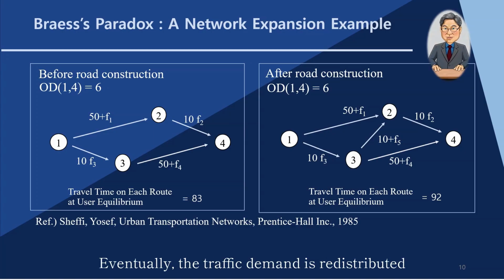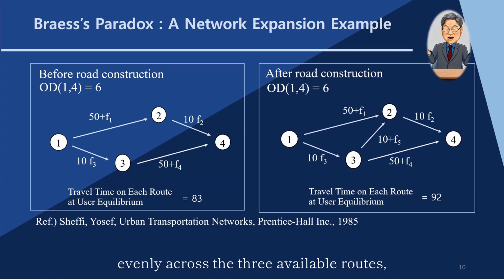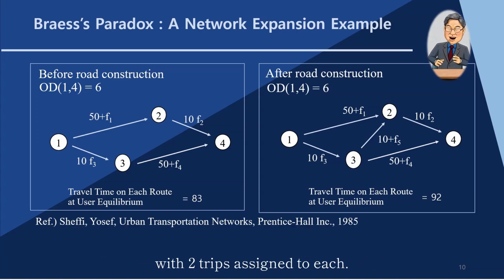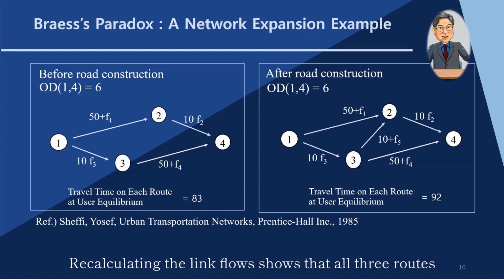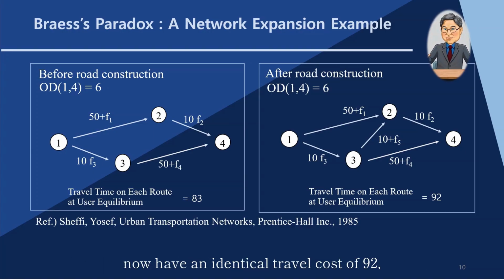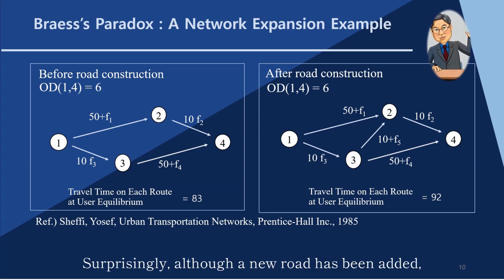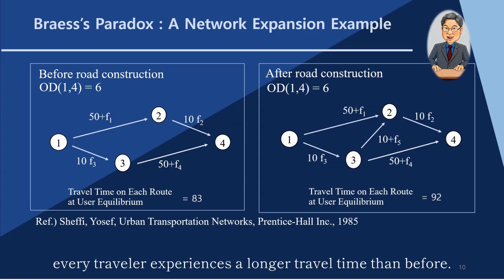Eventually, the traffic demand is redistributed evenly across the 3 available routes with 2 trips assigned to each. Recalculating the link flows shows that all 3 routes now have an identical travel cost of 92, resulting in a new user equilibrium. Surprisingly, although a new road has been added, every traveler experiences a longer travel time.